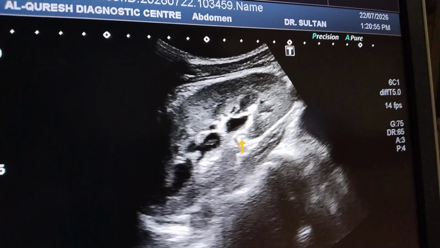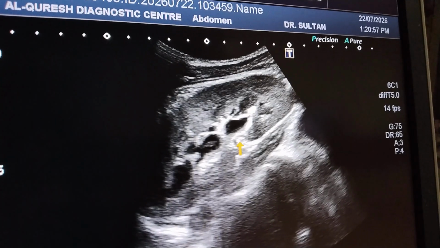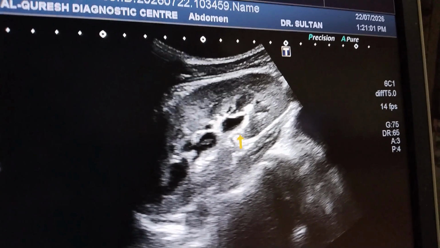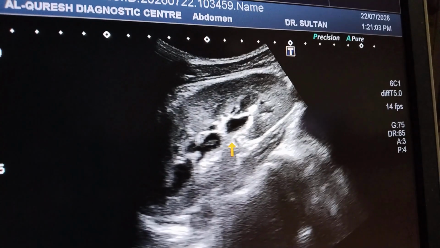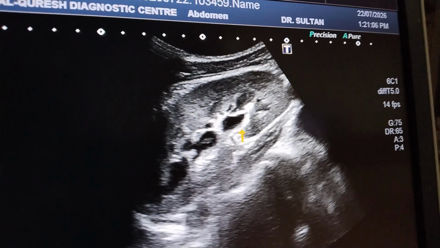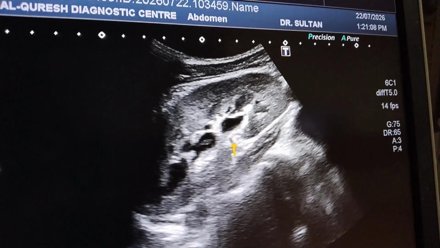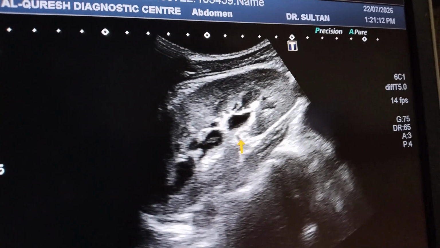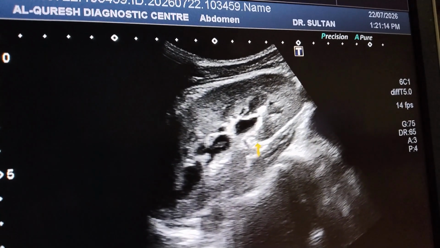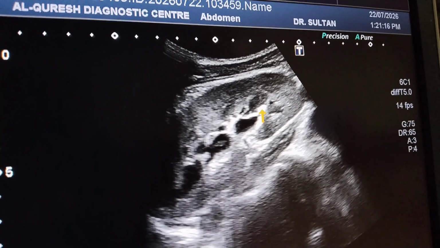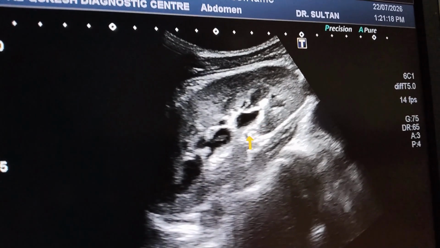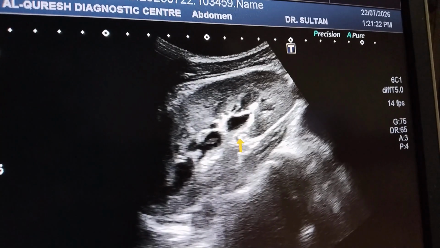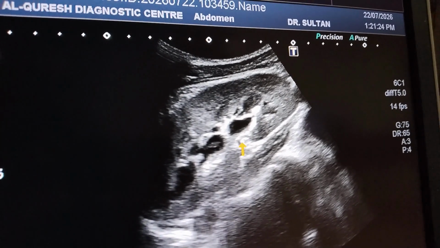Look here, this is an echogenic focus, but it is not present in the calyceal system. It is not present in the collecting system. So it is not a stone. And when we are not confirmed whether the echogenic focus is a definite stone or renal sinus fat, then we can say it is an indeterminate echogenic focus.